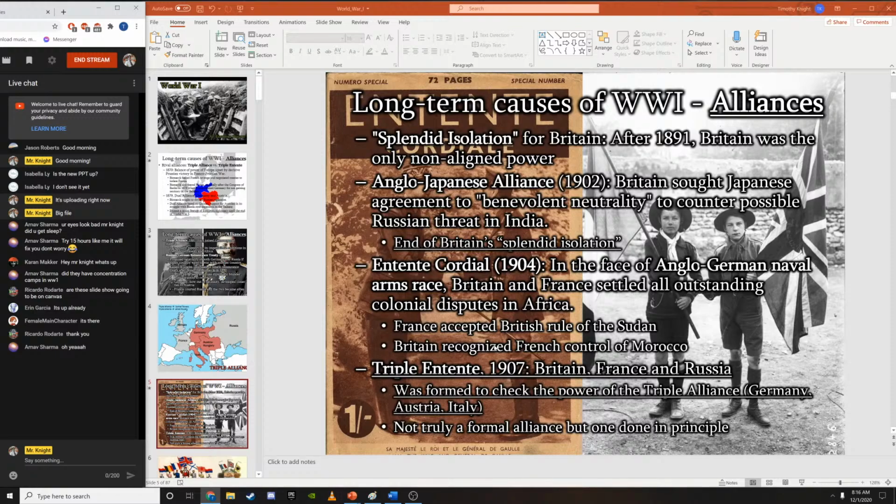And then they enter into the Entente Cordiale, okay, the cordial entente. If you've ever heard of what it means to be cordial with someone, I'll give you a situation where a person would be cordial.